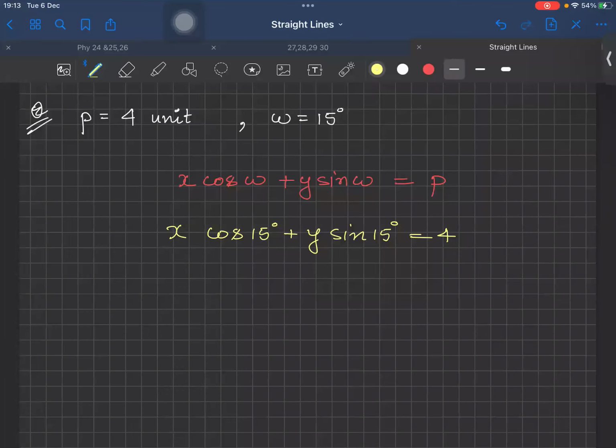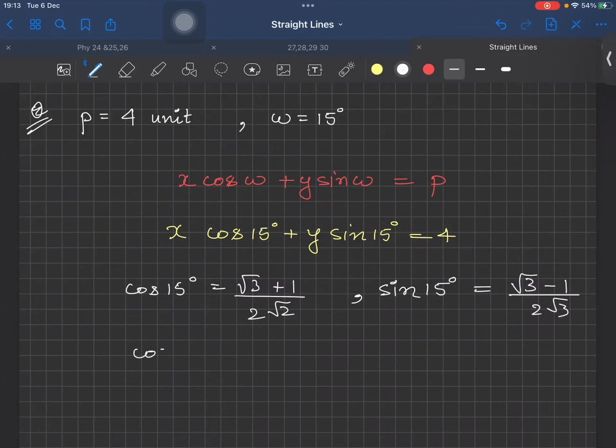Yes or no? Yes, sir. Cos 15 degree, by the way, you can write it is root 3 plus 1 upon 2 root 2, and sin 15. You know how to find the values, right? How to find cos 15 and sin 15. Have we done that or not?